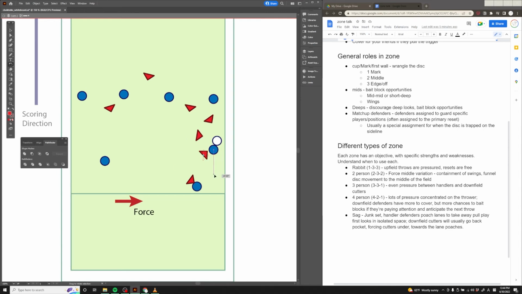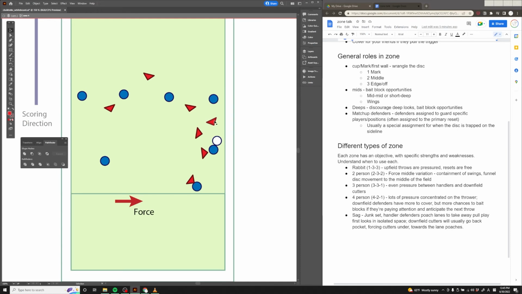So you might be flat facing the sideline, so your hips are parallel. So basically this is now a break mark situation. Or you could even come a little bit behind because you have help upfield.